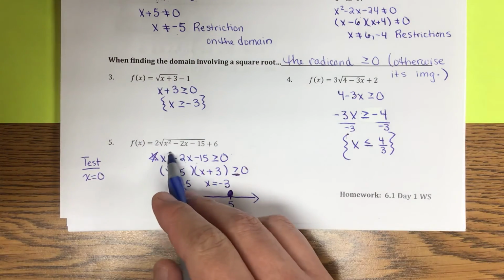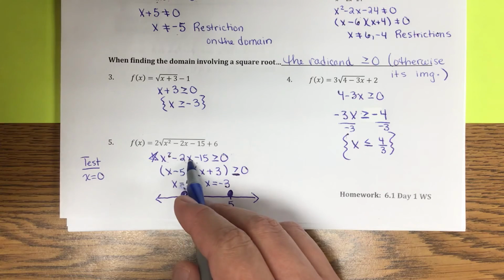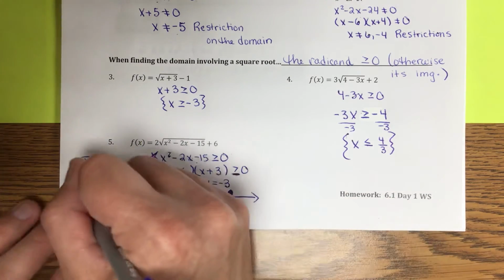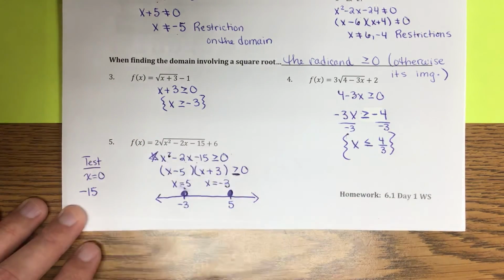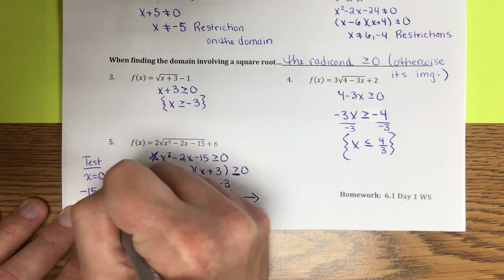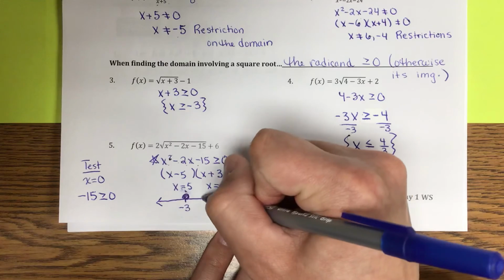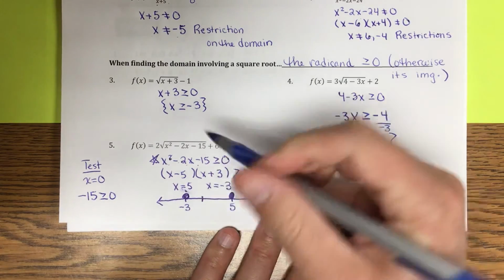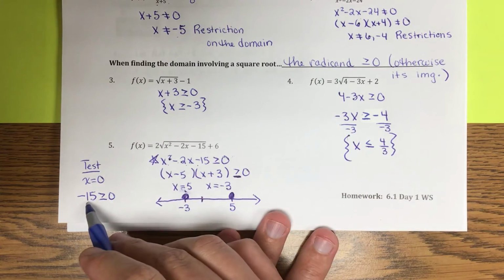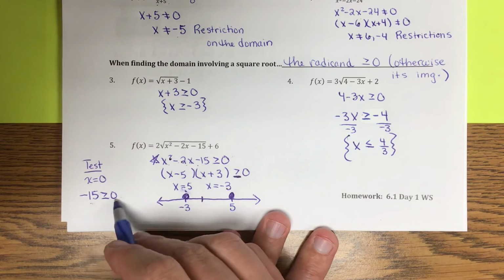So that would be 0 squared minus 2 times 0 minus 15, which is just -15 is greater than or equal to 0. So here's how the test works. 0 is probably like right here on my graph. Is this a true or a false statement?